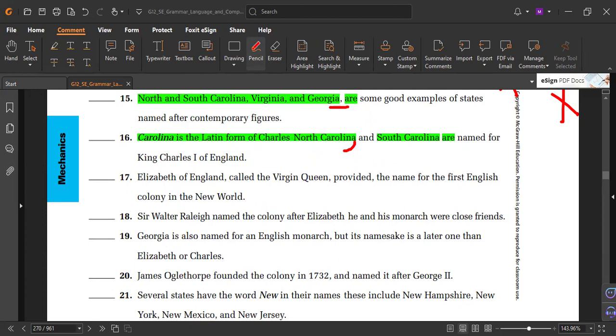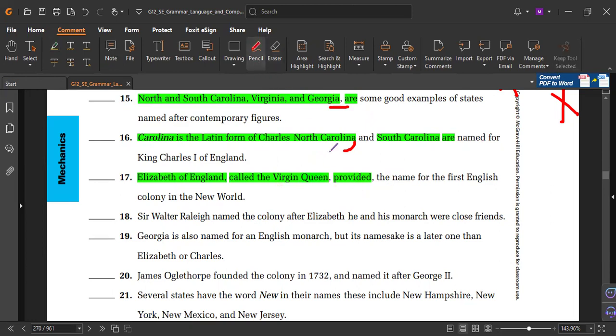Now let's see number 17. So Elizabeth of England is the subject, and then he put a comma to add non-essential information, because we have an appositive clause. We have a past participle clause here, and then we have the verb. So these are commas because we have non-essential information. The comma after the verb has no reason.